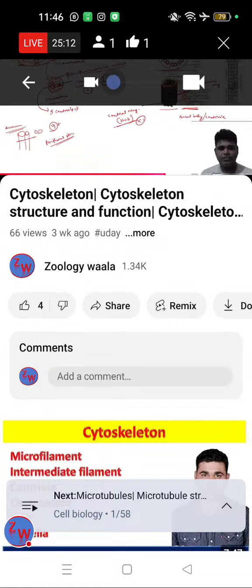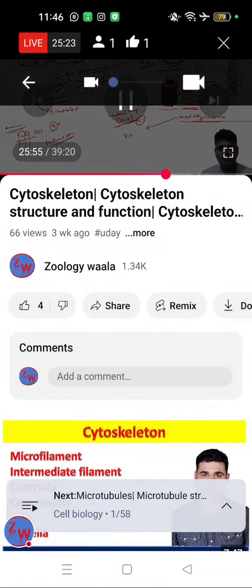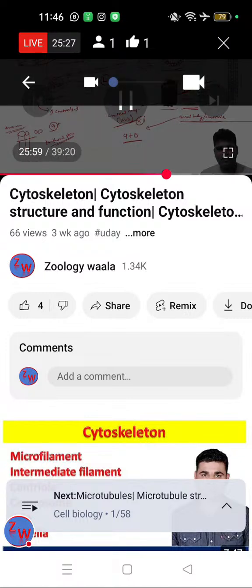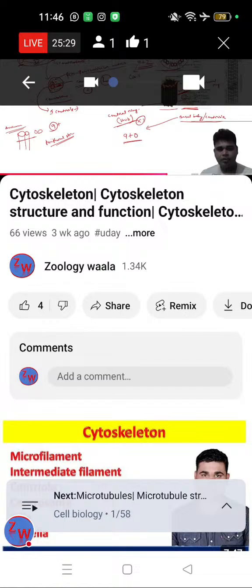That's why the axoneme structure is called the 9+2 arrangement, and the basal body or the centriole is called the 9+0 arrangement. Here the 9 are doublets, and here the 9 are triplets. This is the main difference between the axoneme structure and the basal body structure.